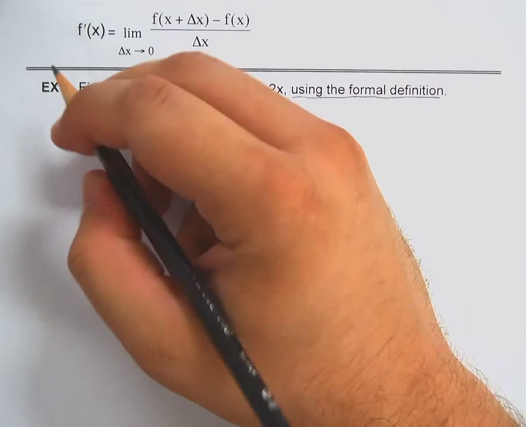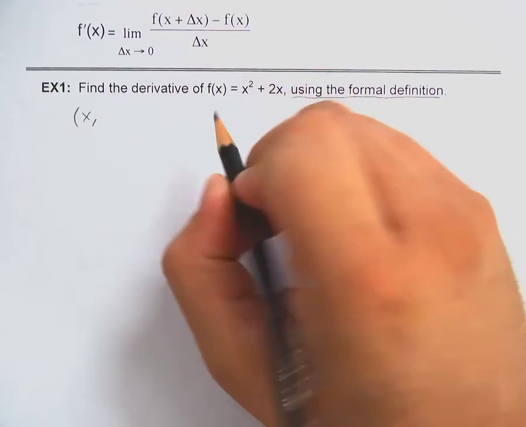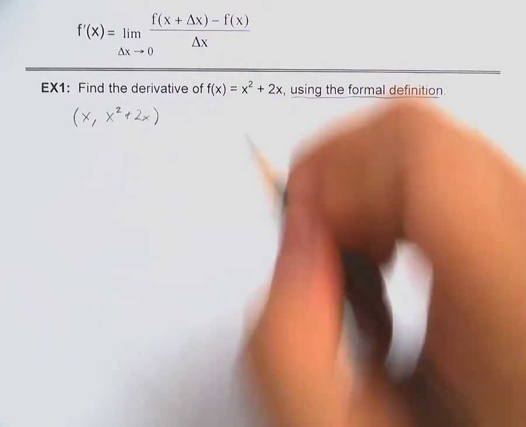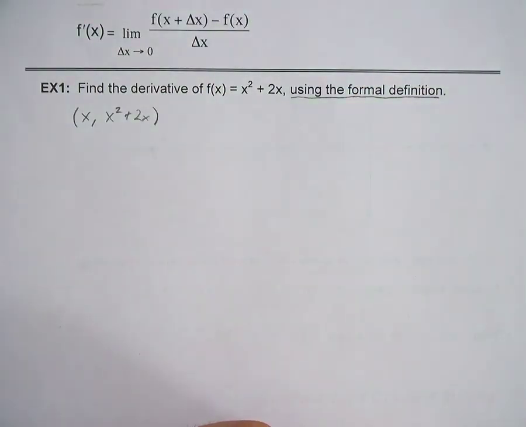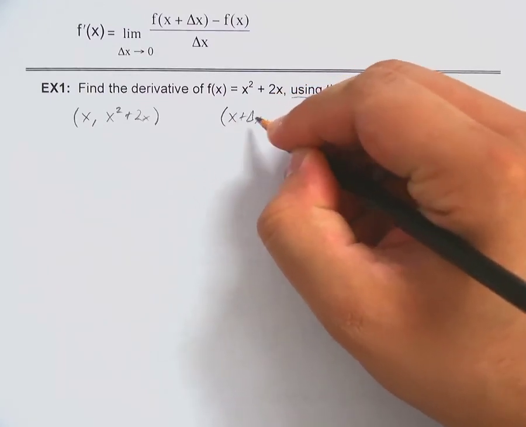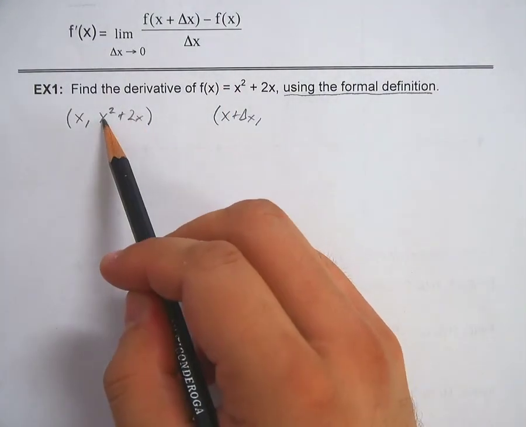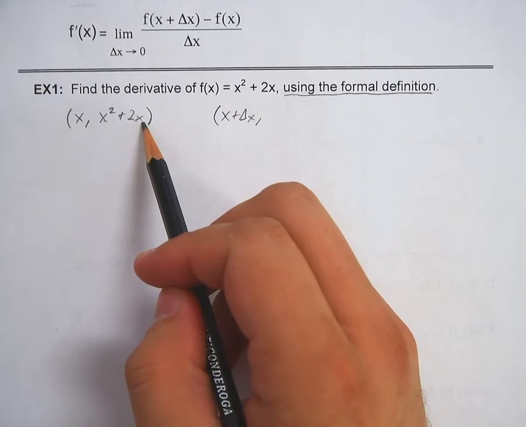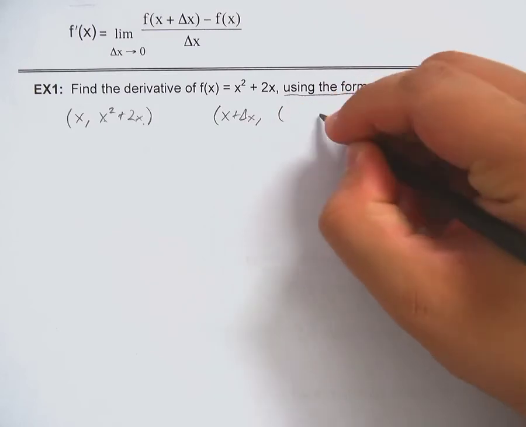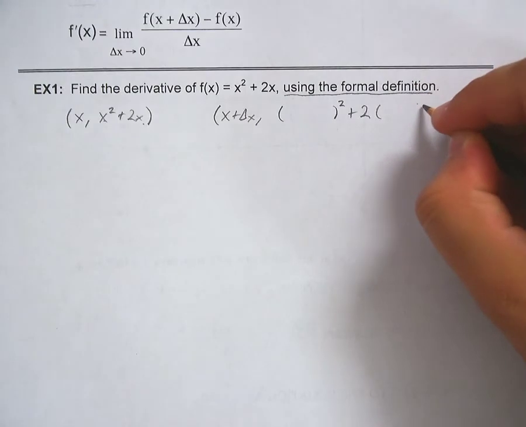So let's write our points here. We've got a couple of points. First off, x comma f of x, and then we've got x plus delta x. The way this is going to look is, if we plug in an x plus delta x here and an x plus delta x here, it's something squared plus 2 times something.